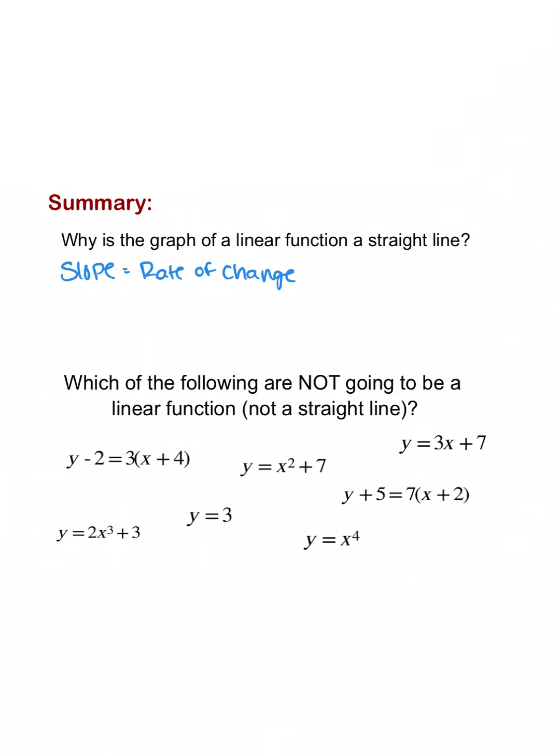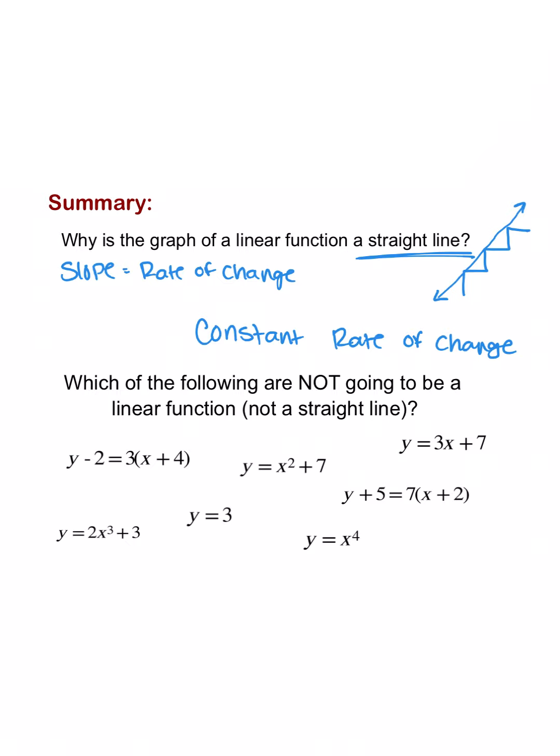And it's a straight line because it has a constant rate of change. You're consistently going up and over, up and over, up and over. You're creating those stairs to create that straight line for our graph.